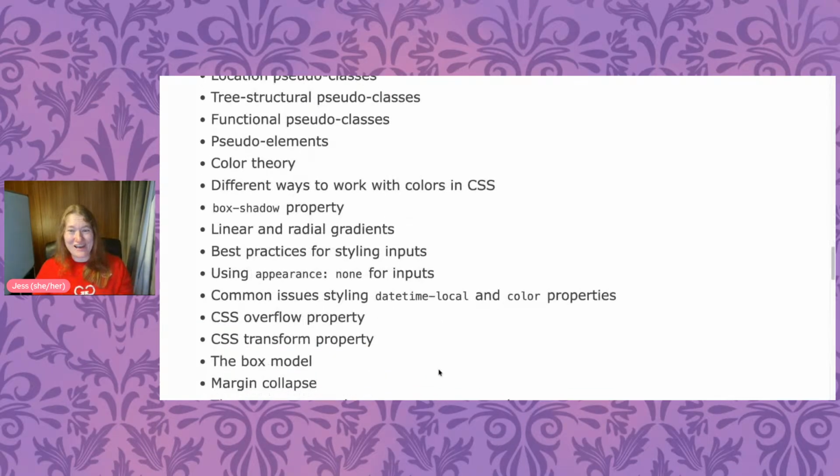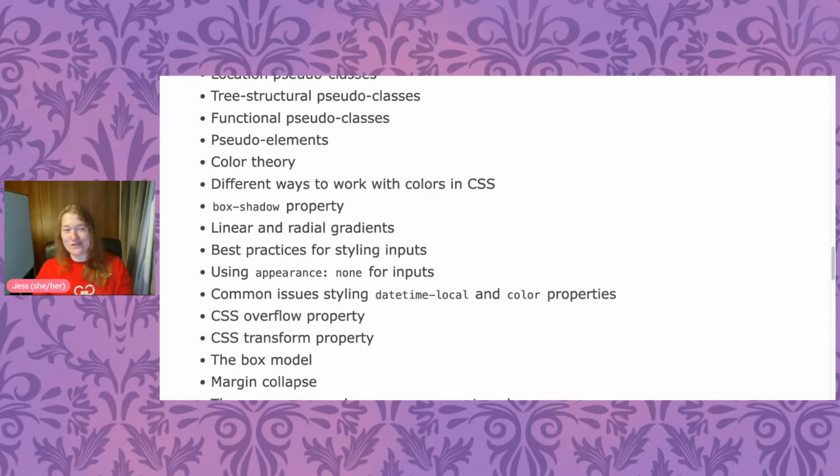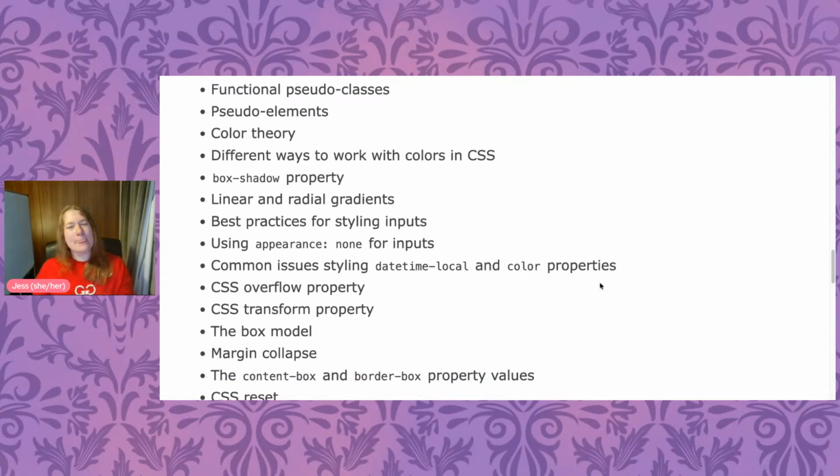And hopefully I mentioned that we don't want to style custom inputs unless our boss insists we do, especially given common styling issues with date, time, datetime-local, and color inputs. If you're trying to put in your own color picker, I want y'all to be happy. We don't want to do that. We learned about the CSS overflow and transform properties, ways to use CSS to do silly, strange things that it doesn't feel like it should always be able to do.